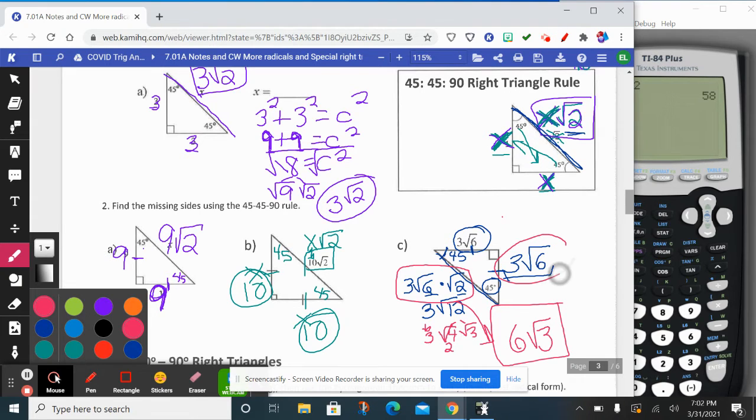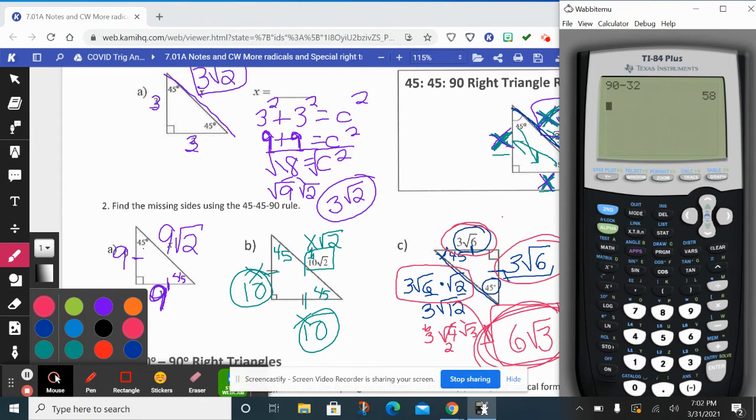So again, a squared plus b squared should equal c squared. Okay. So if you don't believe us, or if you got lost in translation here, if we take 3 square roots of 6 squared plus that same thing again, a squared plus b squared is what I'm doing here, 3 square roots of 6 squared.